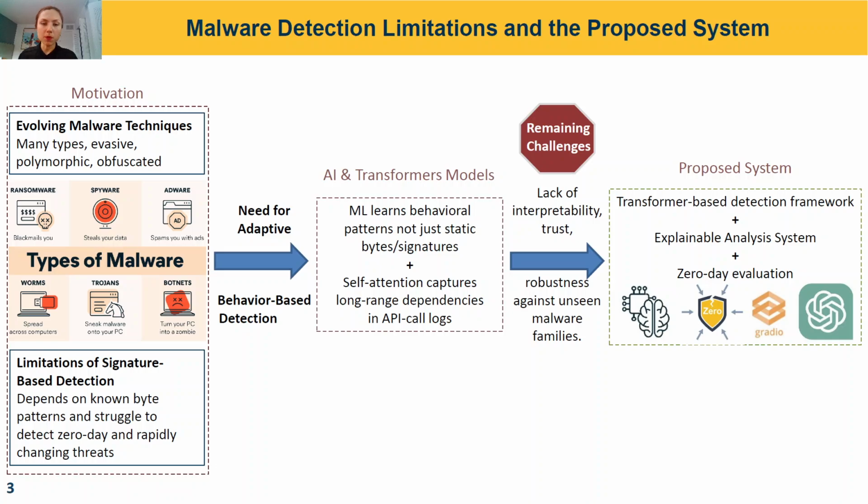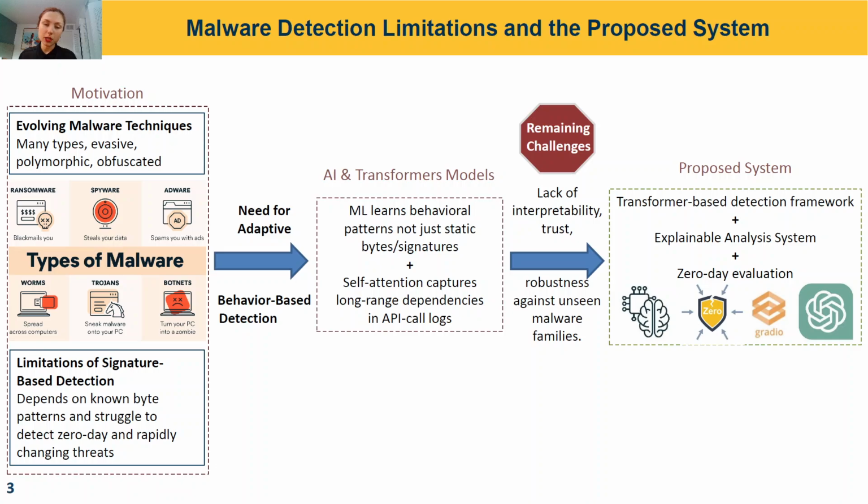Modern malware evolves rapidly. Attackers use evasion, polymorphism, and obfuscation to bypass signature-based detection. Traditional antivirus tools depend on known byte patterns, which means they often fail against zero-day malware or threats that change rapidly.